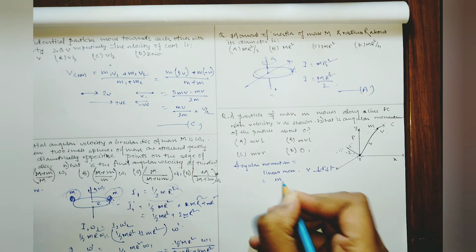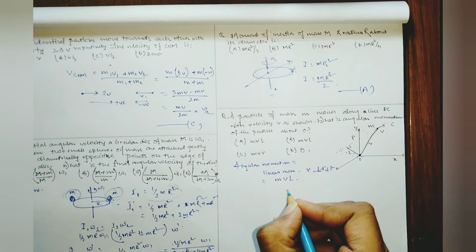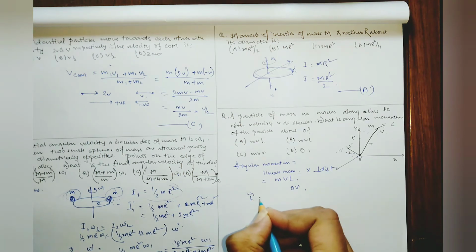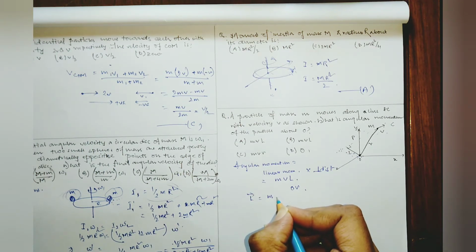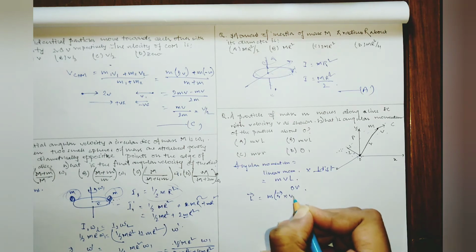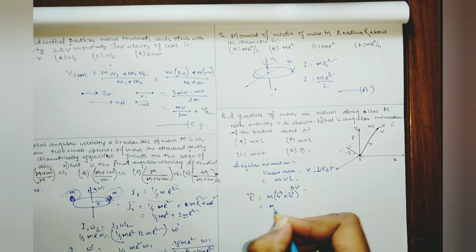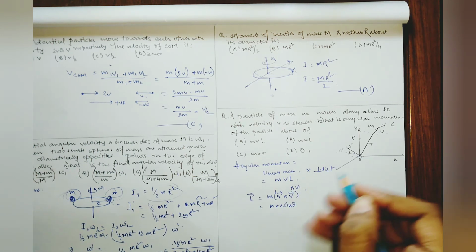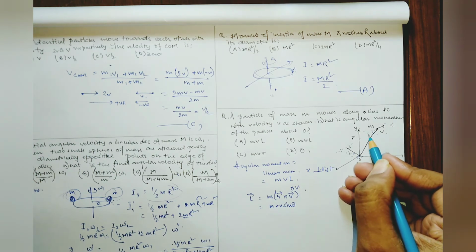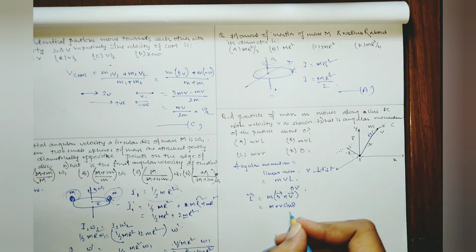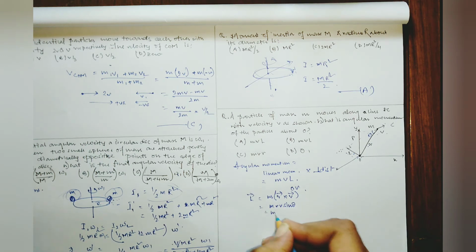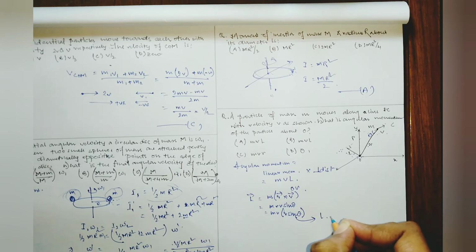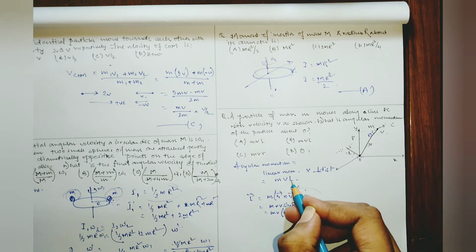So mv into L, this is simply what we can find out. Or we know that L is equal to m of r cross v, or m r v sine theta. Now this is r, and suppose this is theta, so m v into r sine theta is nothing but mv into L, which is the perpendicular distance we derived here.